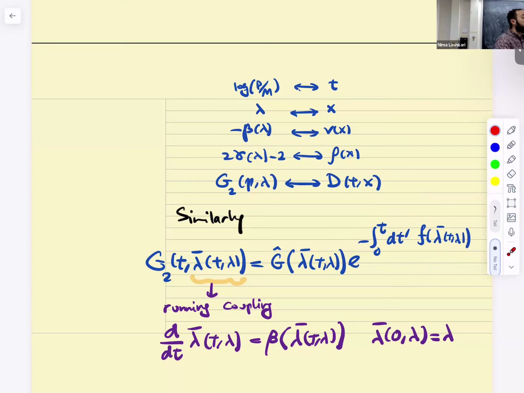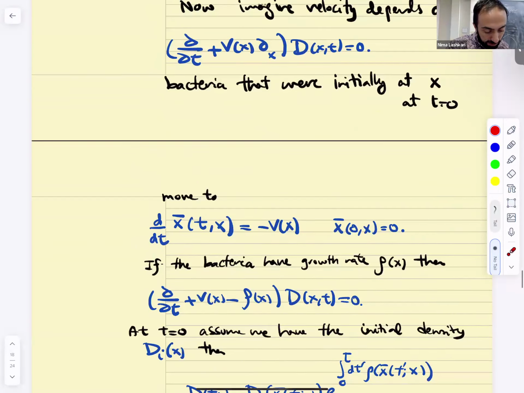G2 is the 2-point function. Each of the operators is growing and the coupling is evolving. So this is taking care of the growth of the renormalization. That's why it depends on gamma. If you recall, this F is, where was F?